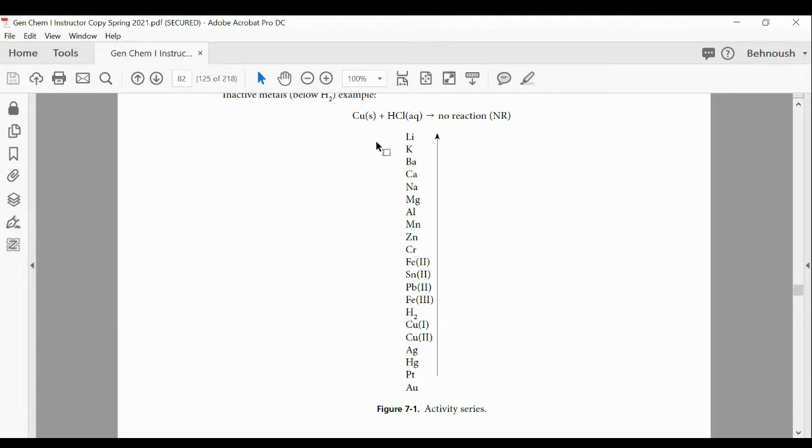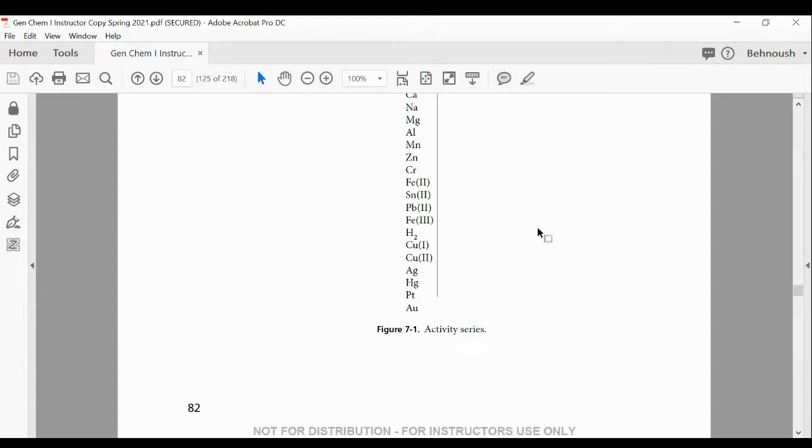But any element that is higher than hydrogen can lose electron to hydrogen. That means it's going to react with the acid, dissolve in the acid, or have a single displacement reaction with the acid. But copper in this case, because it's lower than hydrogen, there's no reaction.